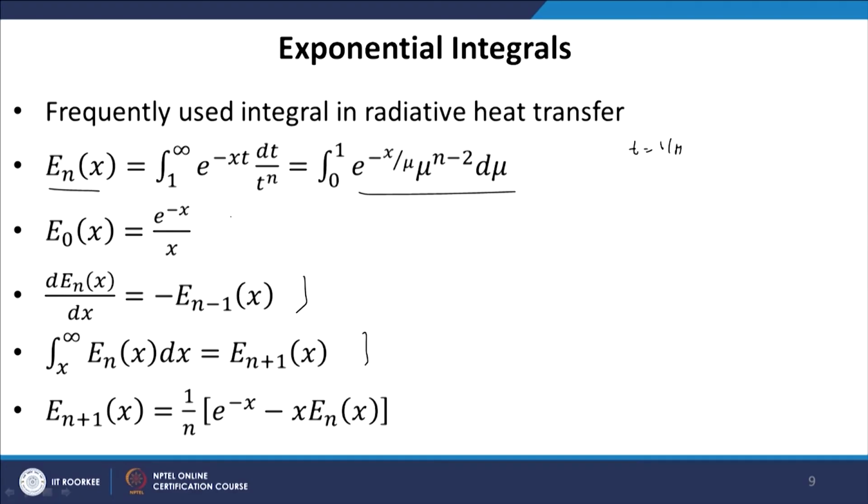The first or 0 order exponential integral is e to the minus x over x. Then there is a property: E n plus 1 x is equal to 1 upon n times (e to the minus x minus x E n x). So, many times when you solve radiative transfer equation, this type of integration will appear in the solution, and to simplify this, some of these properties can be used and we can find out the solution.